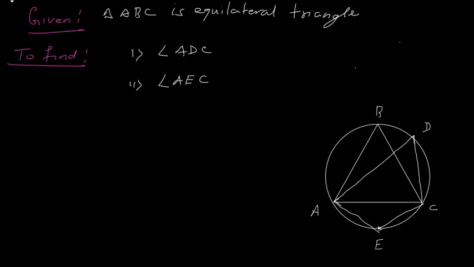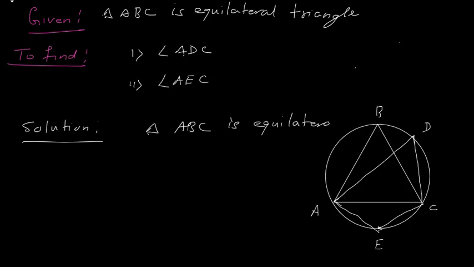Now in solution, we see that triangle ABC is equilateral triangle. Therefore angle ABC is equal to 60 degree.